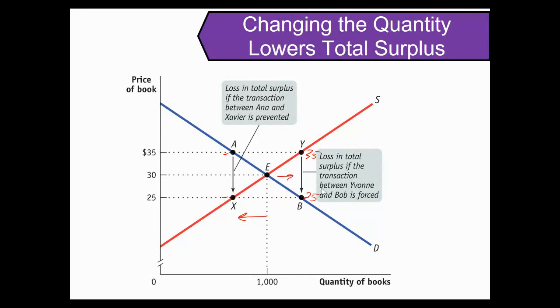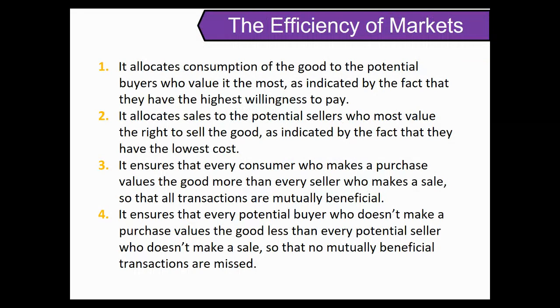We want to be at point E, where we are maximizing our total surplus. So essentially, we want efficiency. We want to be at equilibrium. That's the goal, to be at equilibrium, right? That's where we want to be. When we think about the efficiency of the market, we are trying to allocate consumption of the good to the potential buyers who get the most value out of it and the highest that they're willing to pay.